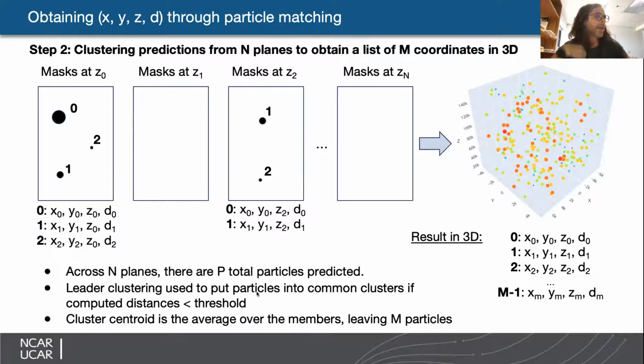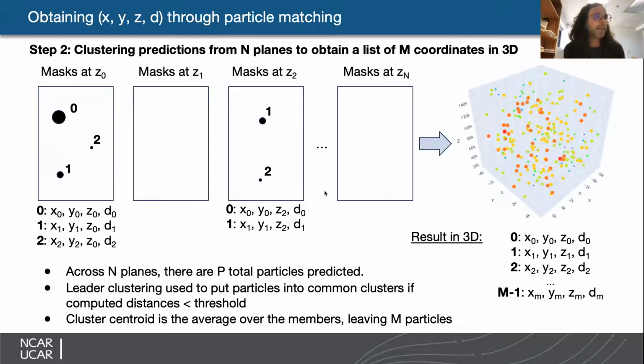Okay, and what I mean by that is if 2 particles, given that I've computed the distance between them, if that distance falls below some given threshold value, they will be considered to be part of a common cluster, not necessarily put into a cluster, but considered. Okay, at the end of the day, when you work yourself through this algorithm, you wind up with some of the particles across these N planes being clustered into a cluster, and some of them are just left unclustered.